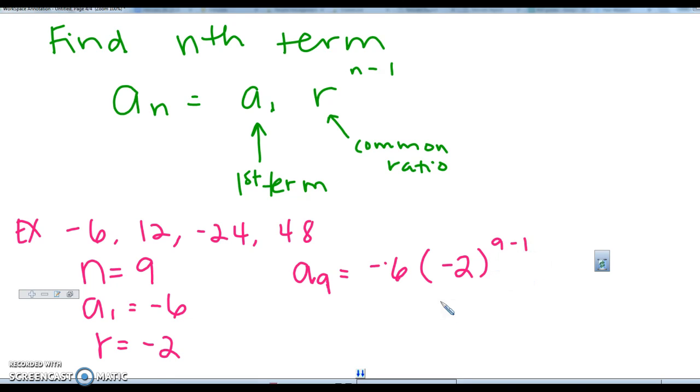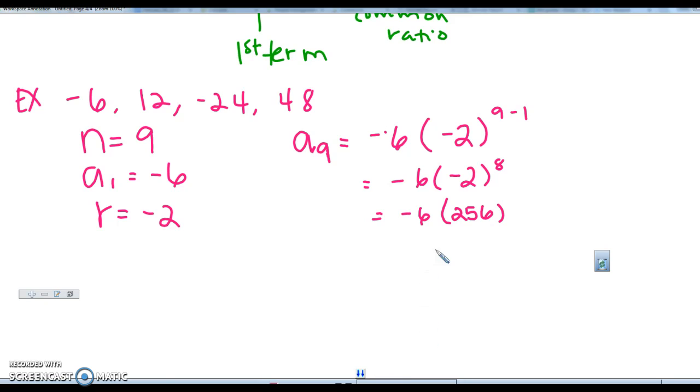Well, 9 minus 1 is 8, so I have -2 to the 8th times -6. -2 to the 8th, we can figure out, is 256. 256 times -6 will give me -1536. And that is my 9th term in this sequence.